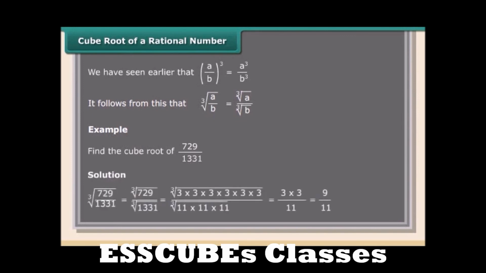Solution: cube root of 729 upon 1331 is equal to cube root of 729 upon cube root of 1331, which is equal to cube root of 3 into 3 into 3 into 3 into 3 into 3 upon cube root of 11 into 11 into 11, which is equal to 3 into 3 upon 11, which equals 9 upon 11.